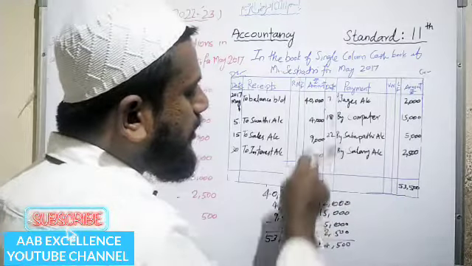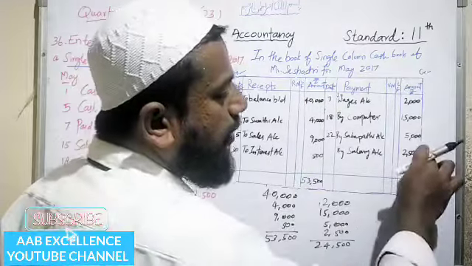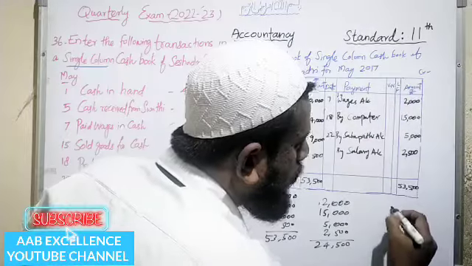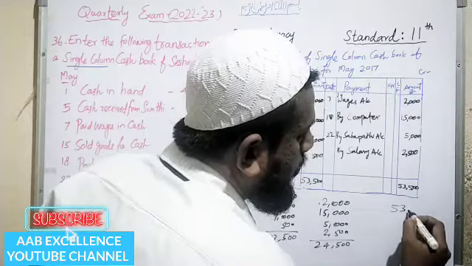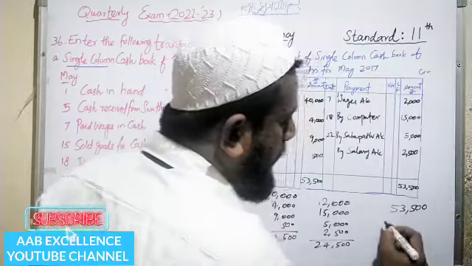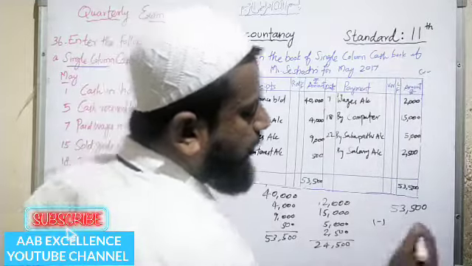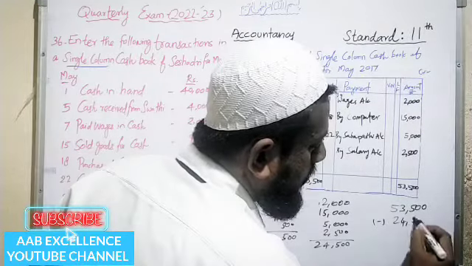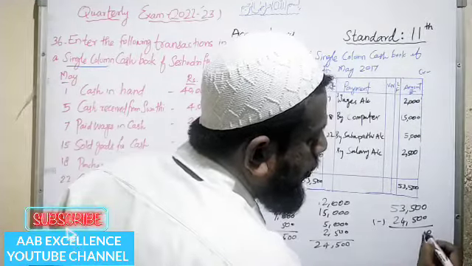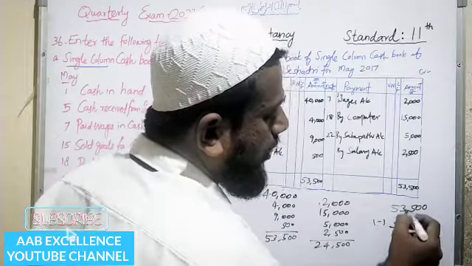So on the receipt side we have 53,500. So what is the difference amount? We have to subtract the amount: 53,500 minus the calculated amount. The total amount is 24,500. 0, 0, 5 minus 5, 0. So 3 minus 4, the correct table.